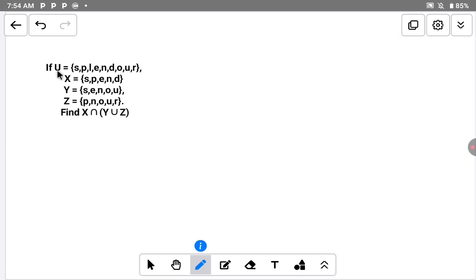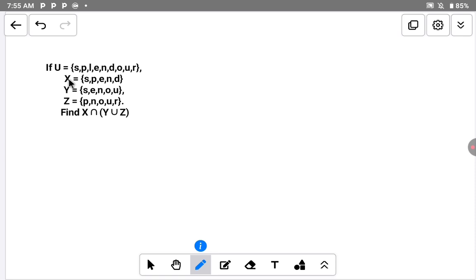The question is, if U, the universal set, is equal to the elements S, P, L, E, N, D, O, U, R, this is splendour. And the set S is equal to S, P, E, N, D. In set Y, we have S, E, N, O, U, and in set Z, we have P, N, O, U, R. These are the elements we're given, and if you see all these elements, S, Y, and Z are subsets of this universal set.